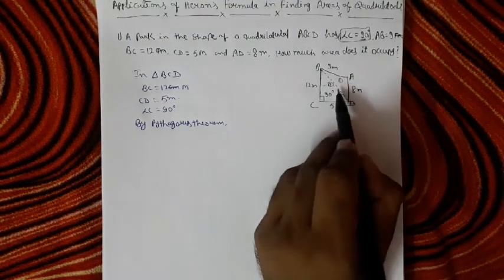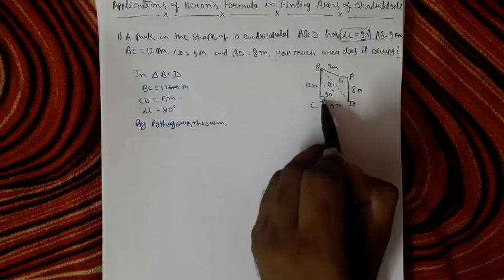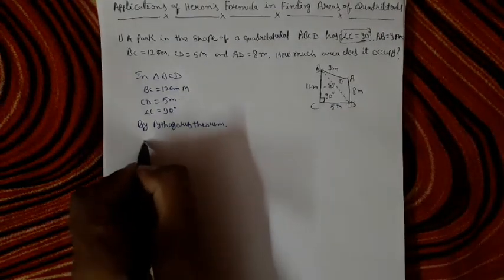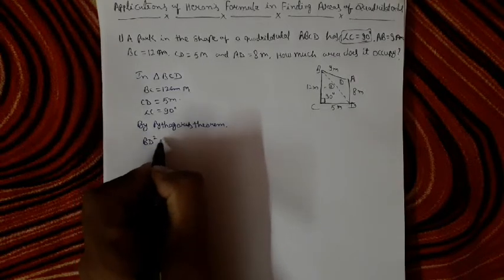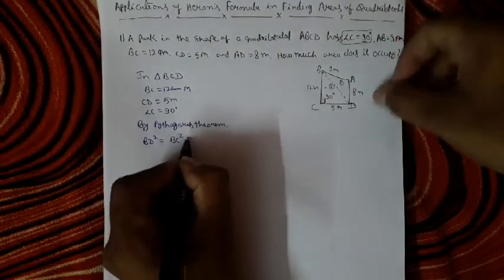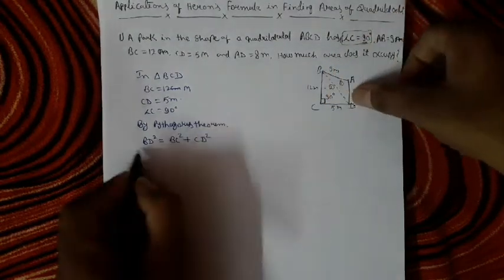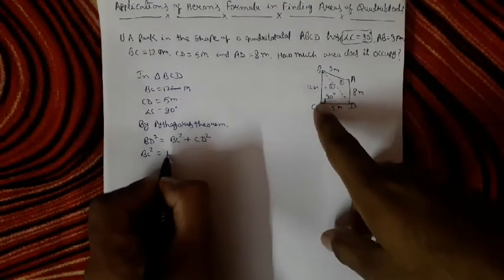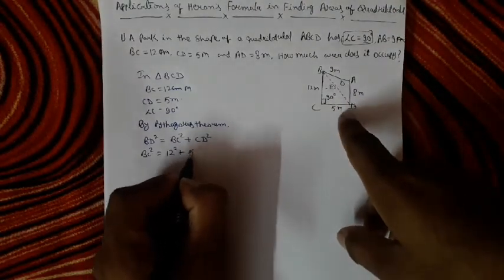Why? Because the angle opposite the hypotenuse is 90 degrees. That's why BD will be the hypotenuse. So we'll use the Pythagoras property. We know that hypotenuse square, which is BD square, equals perpendicular square, BC square, plus base square, CD square. BC is 12, so 12 square, and CD is 5, so 5 square.